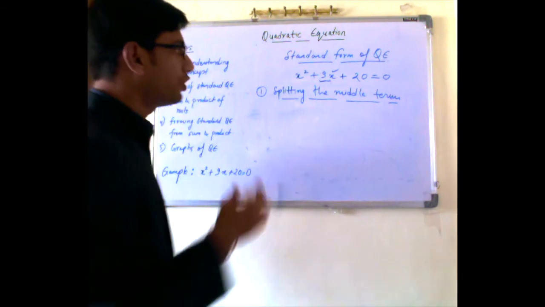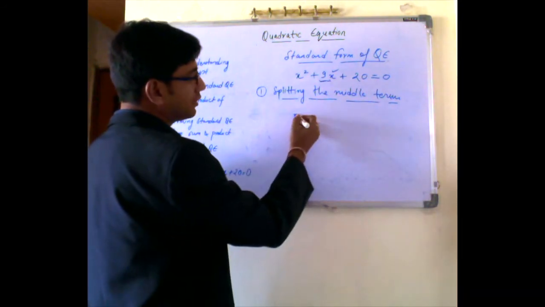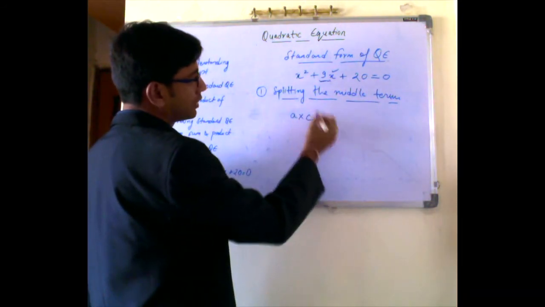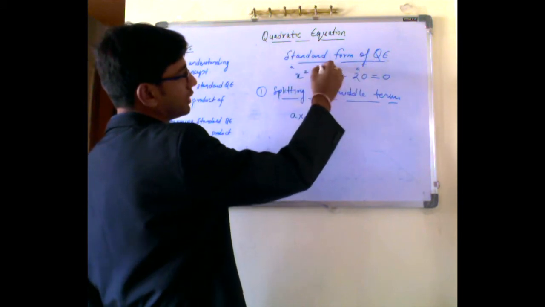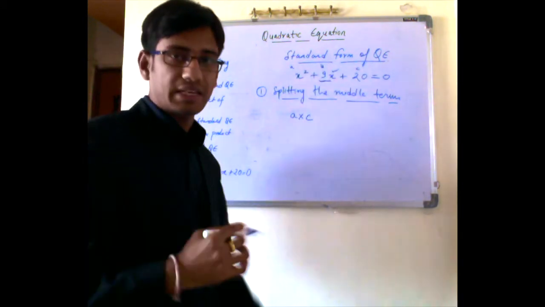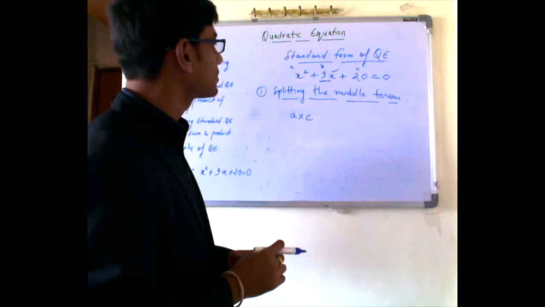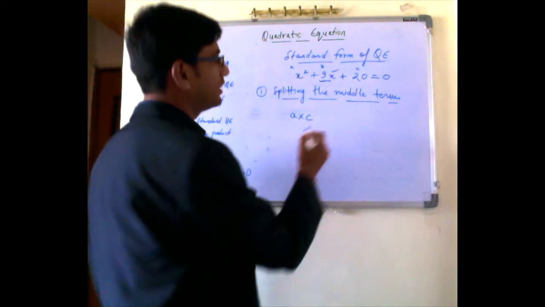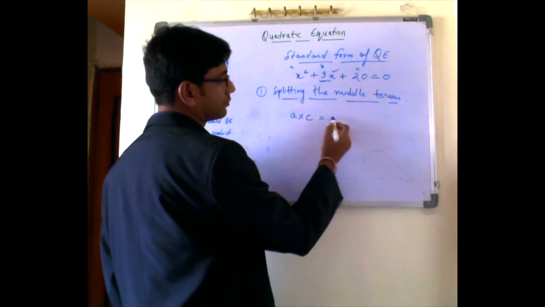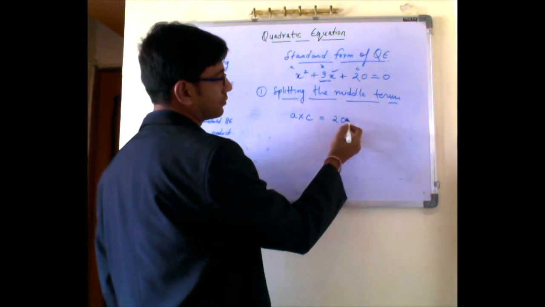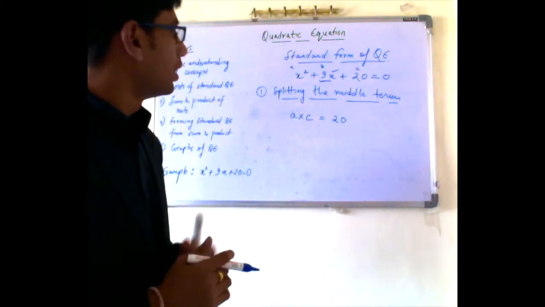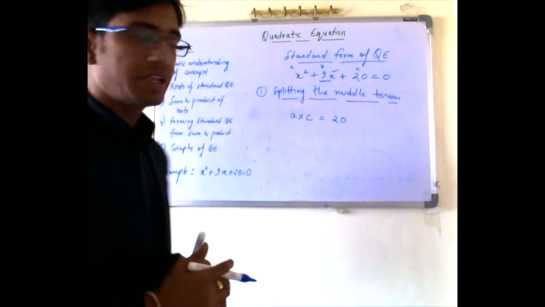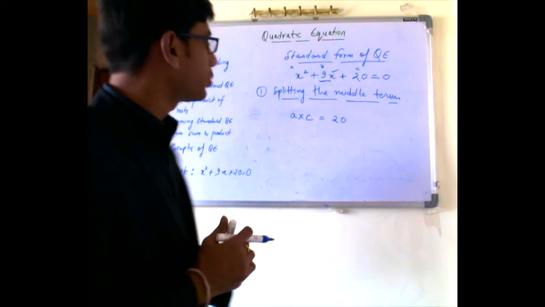Okay, so what I first do, I see what is A cross C. Guys, remember A is 1 here, B is 9 here, C is 20 here. So first I see what is A cross C, that is A into C, that is 20 into 1, it's 20 here. So I need to find out two numbers such that their summation is 9 and their product is 20.